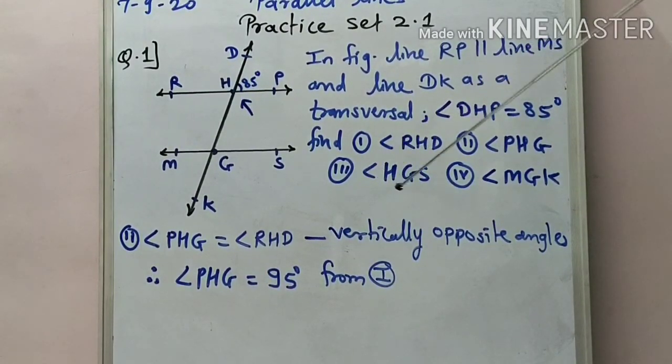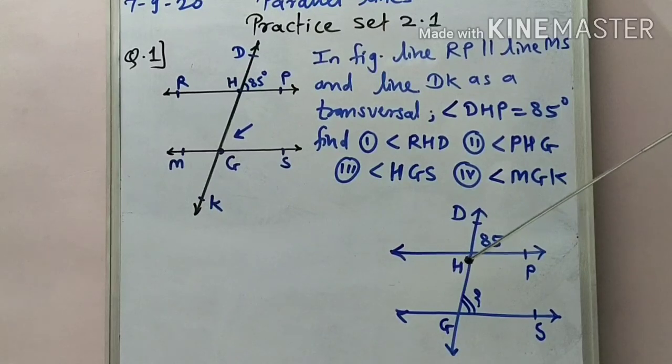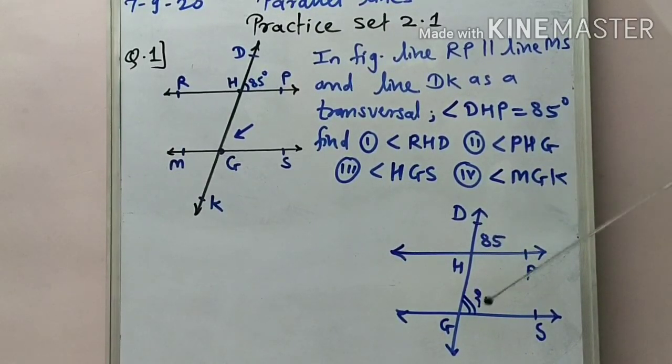Now for the third angle, we have to find angle HGS, and according to the figure, here is angle HGS. As you observe, as I bifurcate it again, angle DHP is given as 85 degrees, and we find HGS. If the lines are parallel and there is a transversal, then this pair is known as corresponding angles.